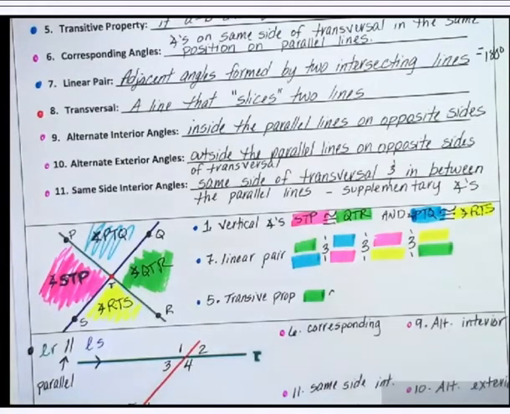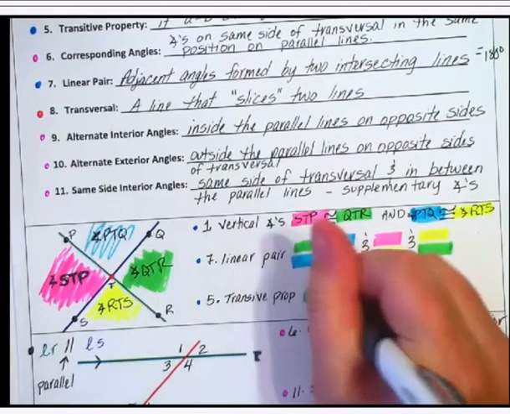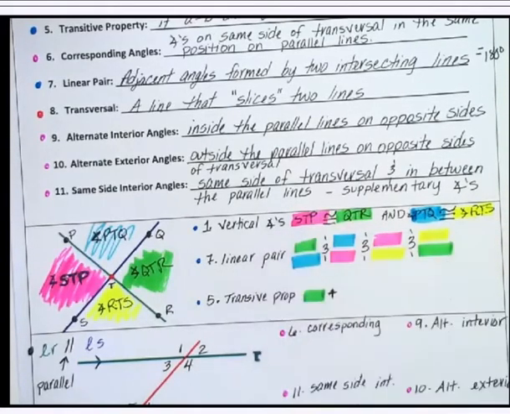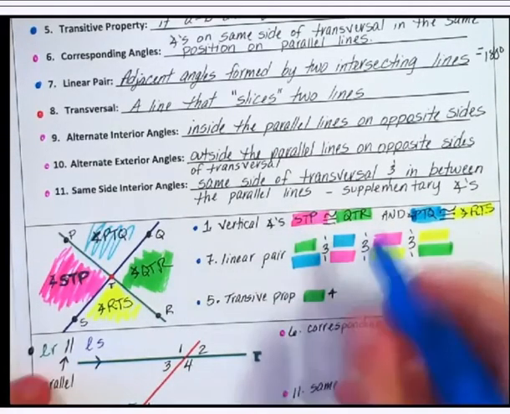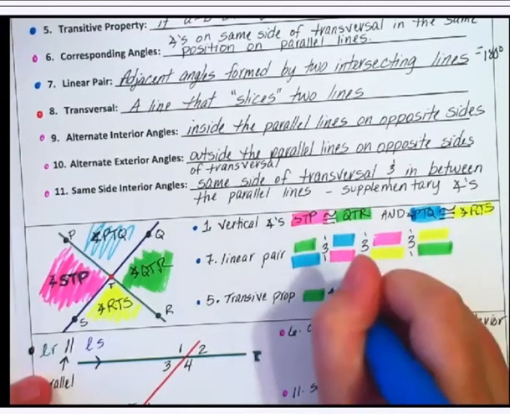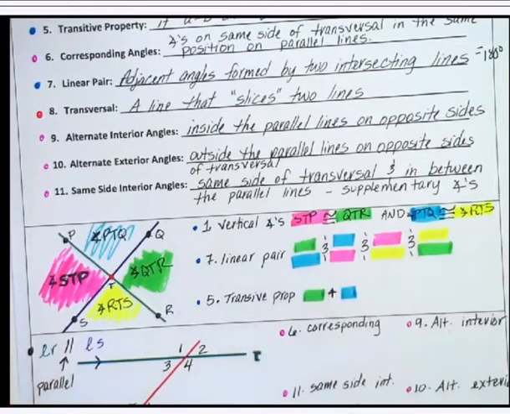And make sure I write this the same way I'm used to writing it. Okay, so blue plus green equals 180, because that's the definition of the linear pair.